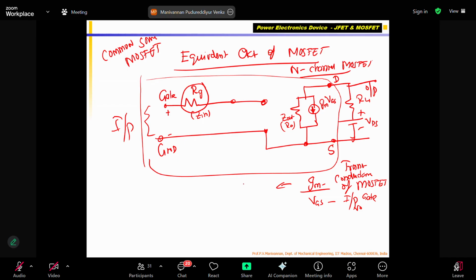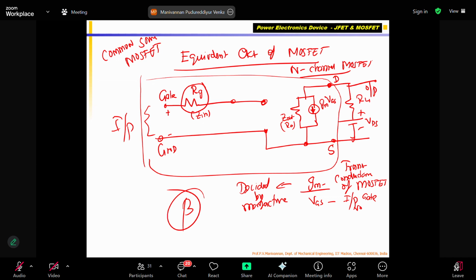This value is decided by the manufacturer, similar to beta in a transistor, the current gain, correct? I told you beta of the transistor is decided by the doping density of the base, emitter and collector by the manufacturer. If he wants beta equal to 100, accordingly he will add impurities.